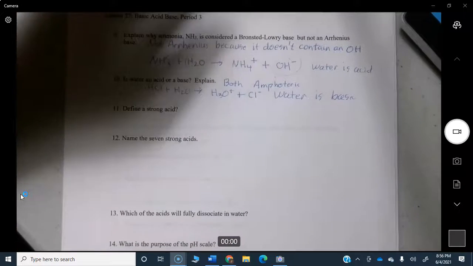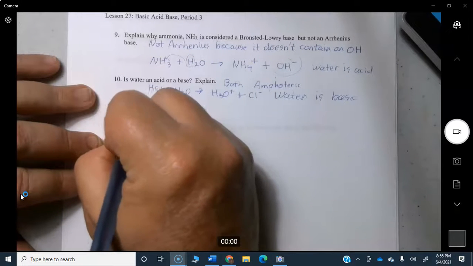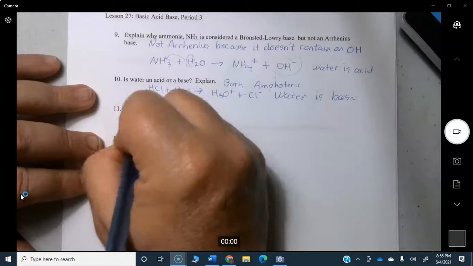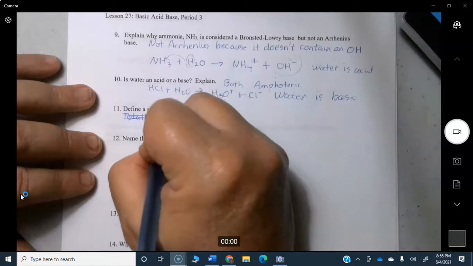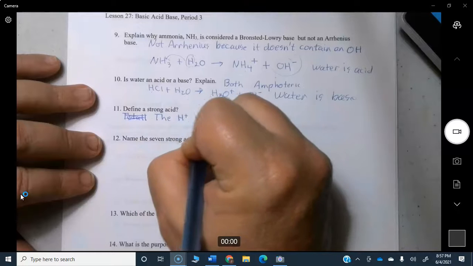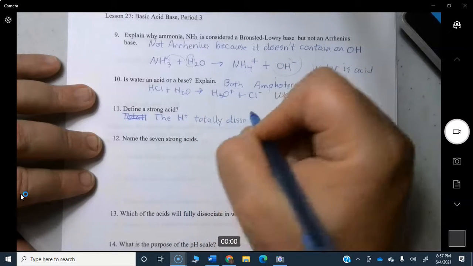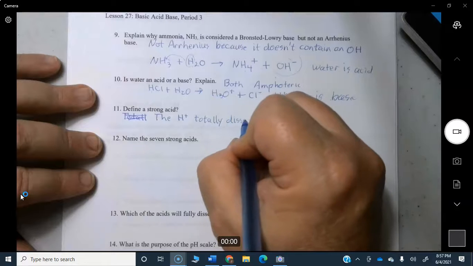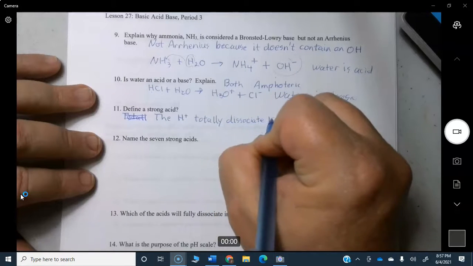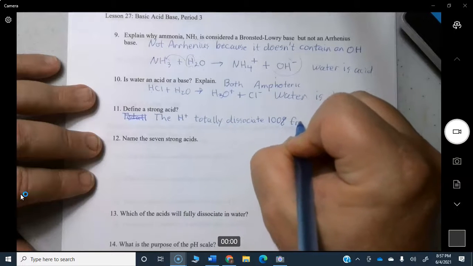All right, define a strong acid, and you can keep these answers short. Since the H plus totally dissociates, just to emphasize, 100% from the acid.